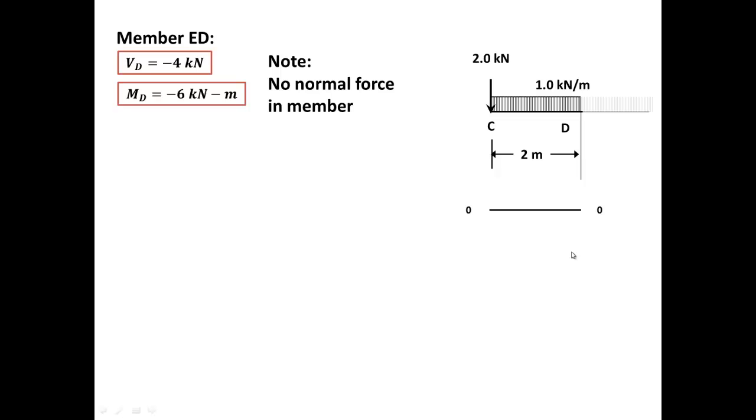Okay, no normal force. Again, for the shear diagram, I'm gonna go down -2 because I have a concentrated load of 2 kilonewtons. Then, since I have a distributed load that's trying to push me down 1 unit for each meter, I start with a 2, and for the first meter I'm pushed 1, so I'm gonna be at 3.